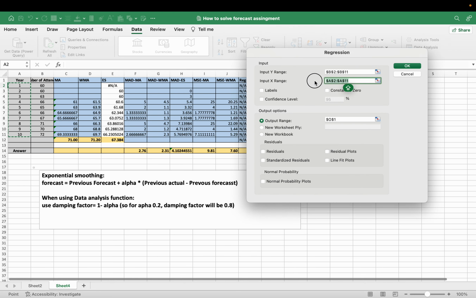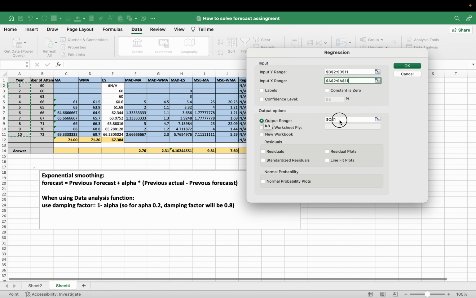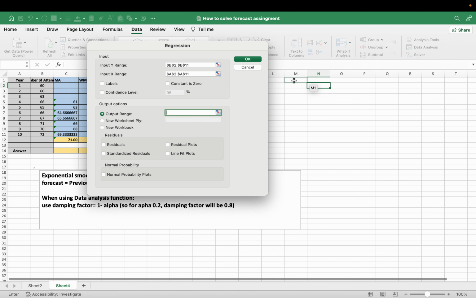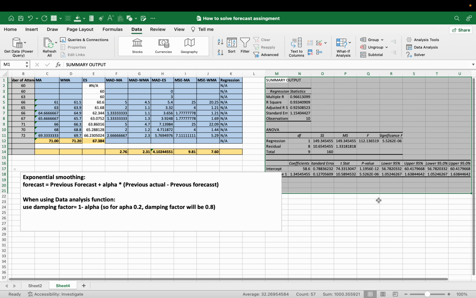And it says where is your x range. X range is this years. And then it says where do you want your results to appear. I want my results to appear here in this place, so I write M. I just select that column, and then when I click OK, that gives me regression results.